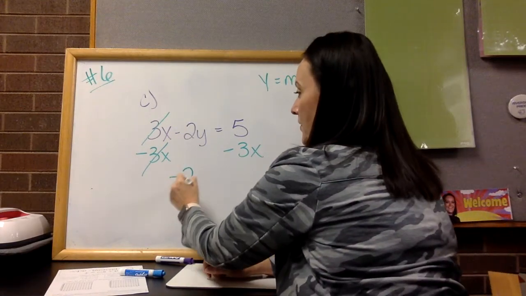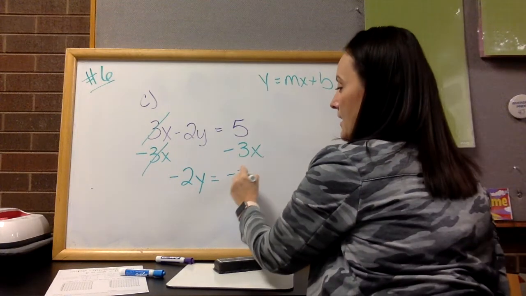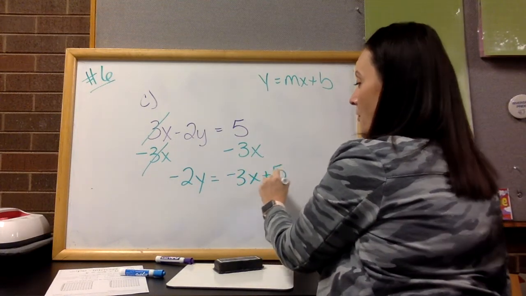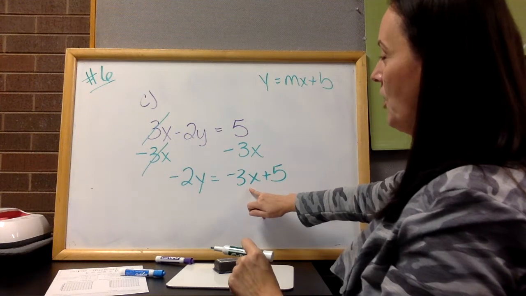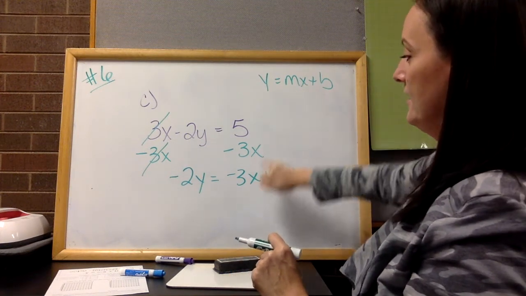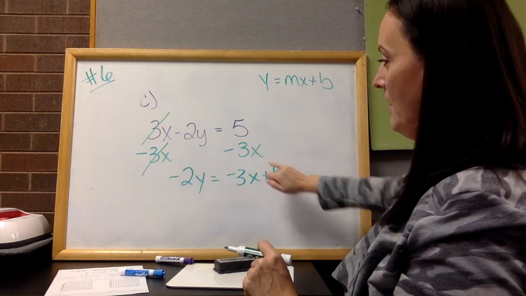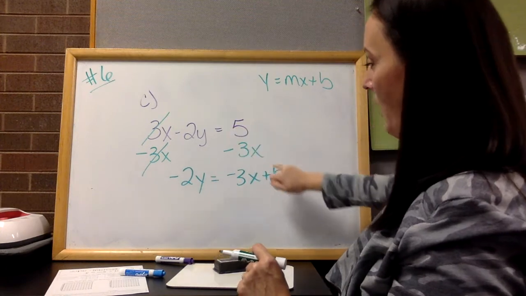Bring straight down the minus 2y equals, and then on this side, I'm going to have the minus 3x plus 5. The reason I wrote the minus 3x first is because in y equals mx plus b form, the x is always written first. So I'm going to write that x first and then bring down the 5. Minus 3x, and this was a plus 5.